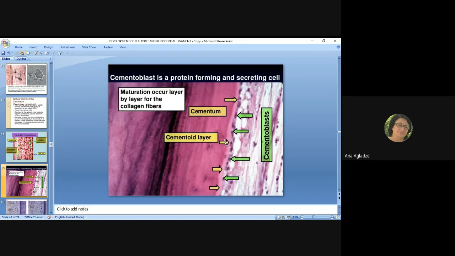This is the outermost layer, a roughly 3 to 8 micrometer wide layer, which overlies the acellular extrinsic fiber cementum in places, and it appears structureless under the light microscope. You can see here the structureless layer.